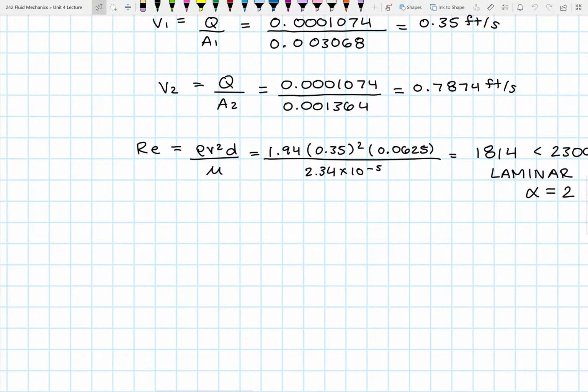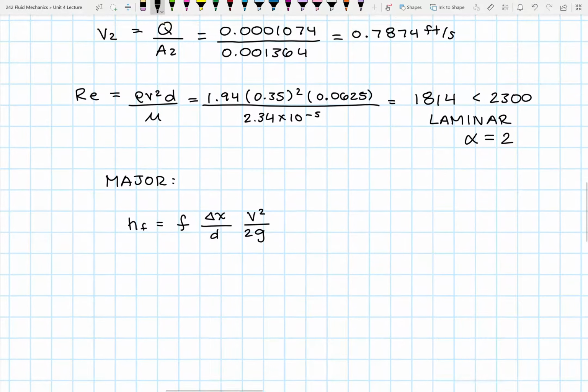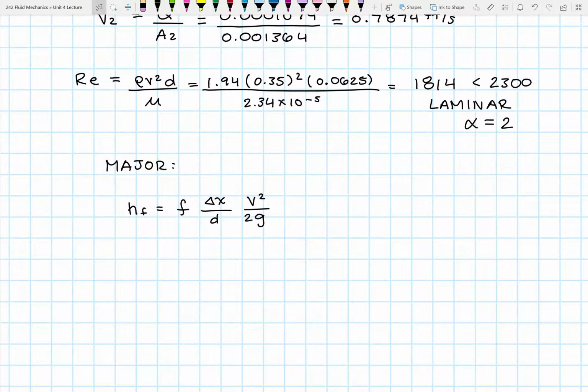Alright, so now that we have that, let's consider our head loss. So for our major head loss, we still have the same equation, but the way that we find our friction factor is going to be a little bit different, or really a lot different, and arguably quite a bit easier for laminar flow.